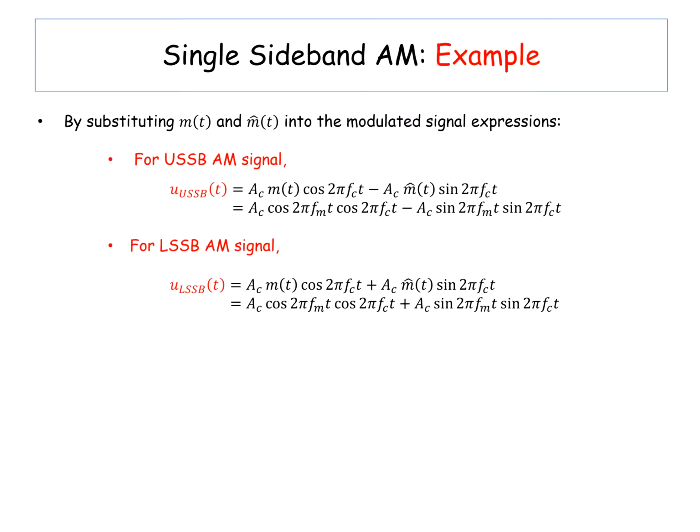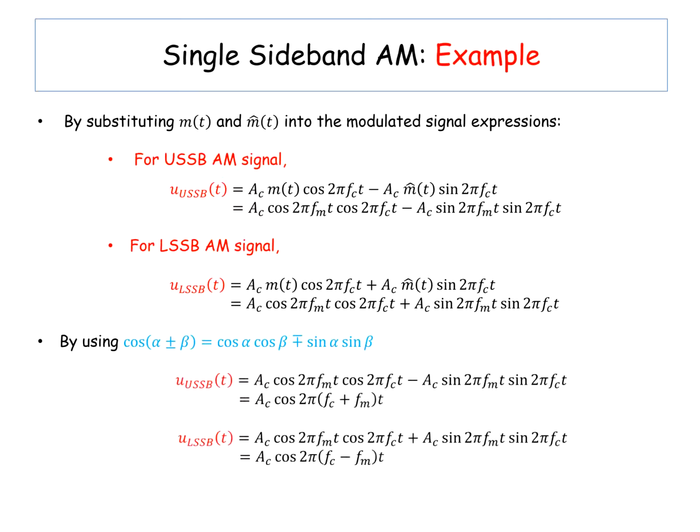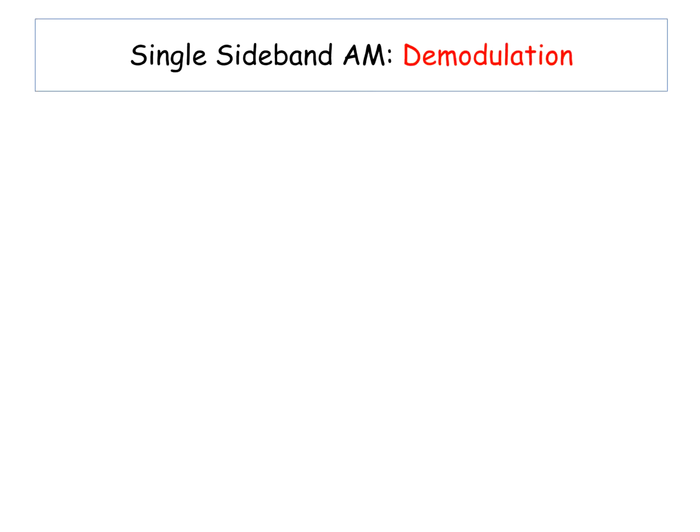By using the following trigonometric identity, the final forms of the modulated signal expressions are given. In the demodulation process, the received signal is first multiplied by a locally generated sinusoidal.